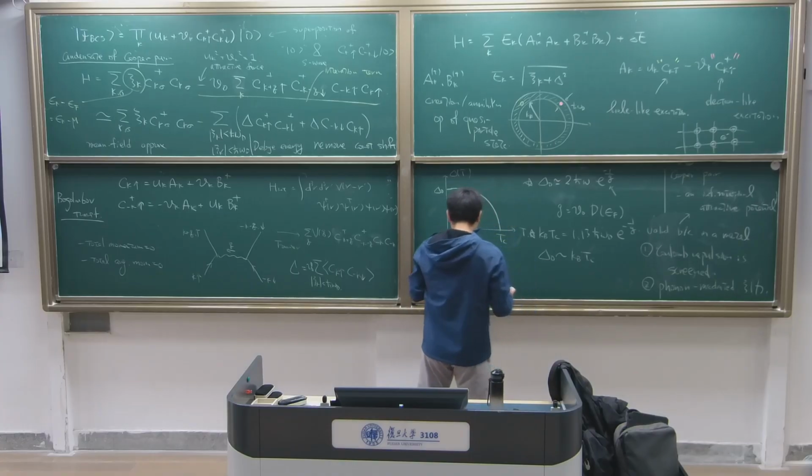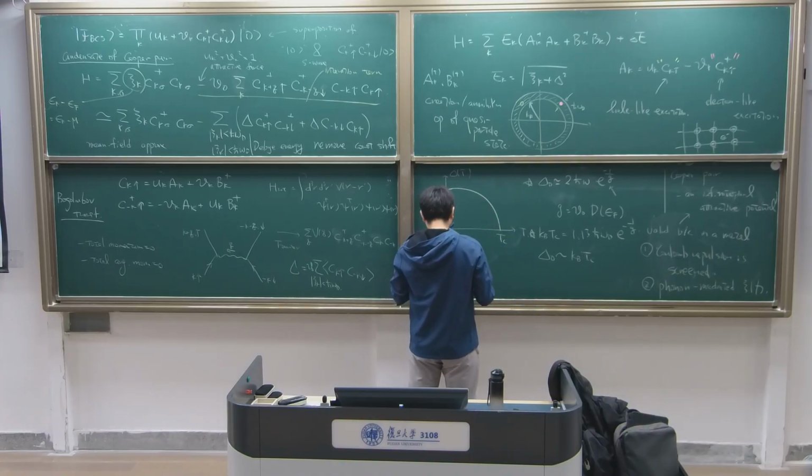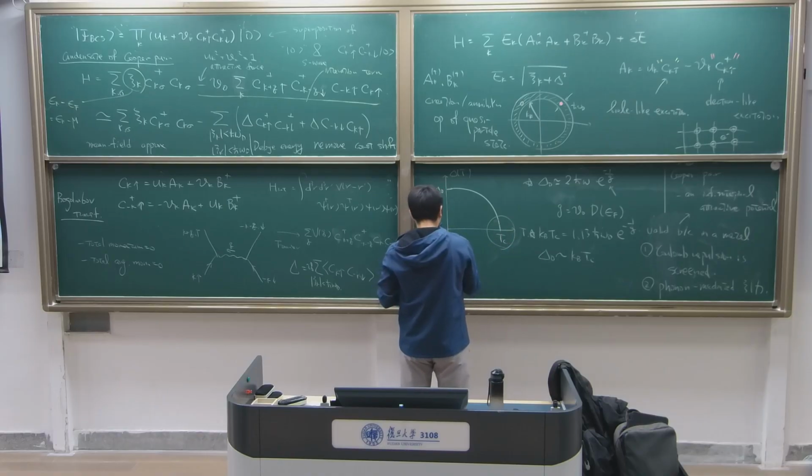So now the thing is, around here, how does the behavior look like? Around Tc, how does the behavior look?